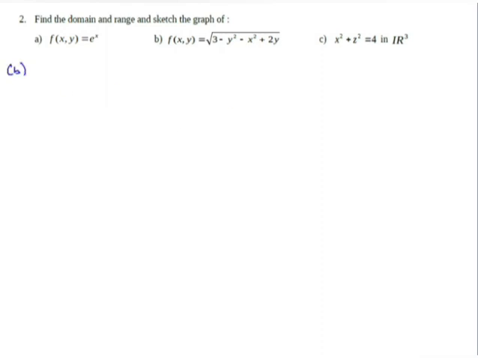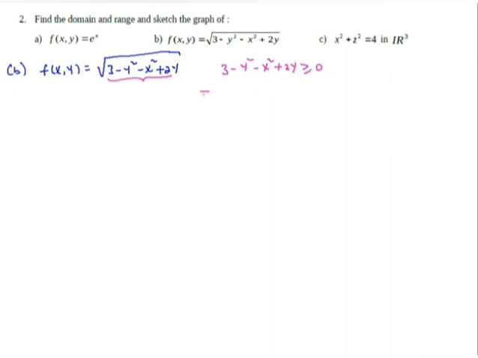Coming to b, the function in b is f of x comma y is equal to radical 3 minus y square minus x square plus 2y. Okay, this is our function. So to determine the domain we need to observe the inner expression. What should the expression inside be? It should be positive. 3 minus y square minus x square plus 2y should be greater than or equal to 0.